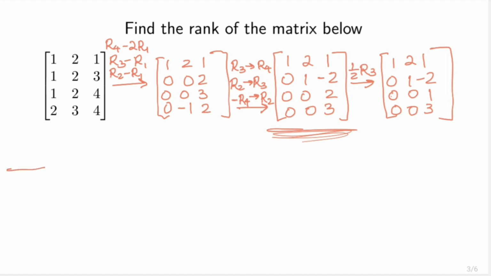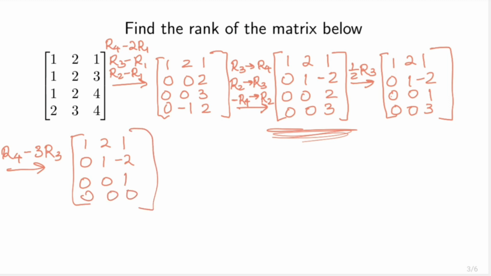So we have row 4 minus 3 times row 3. So we have 1, 2, 1, 0, 1, minus 2, 0, 0, 1, 0, 0, 0. So this is a row echelon form.